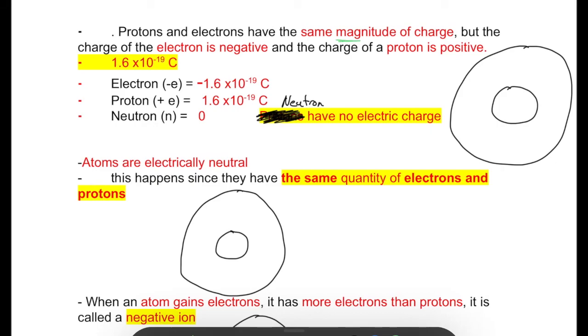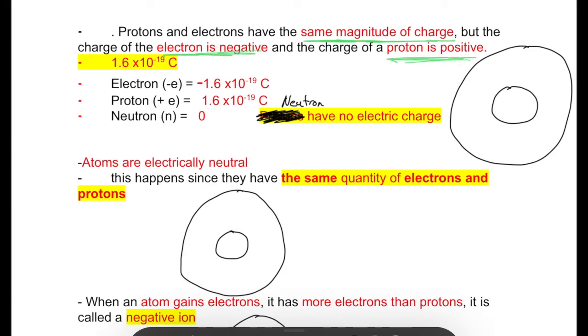Proton and electron, they have the same magnitude of charge. And you need to remember that the word magnitude means that they have the same quantity of charge. They have the same number of charge. Okay? Now, the only difference is that the charge of the electron is going to be negative and the charge of the proton is going to be positive.